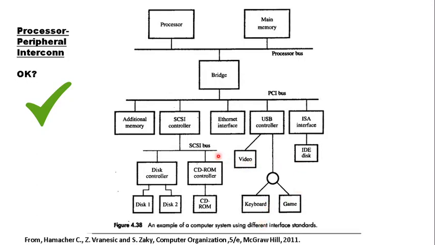So we have protocols such as SCSI or USB, and these protocols can interact with another protocol which is more or less standard across different generations. That is why we follow such a hierarchy.